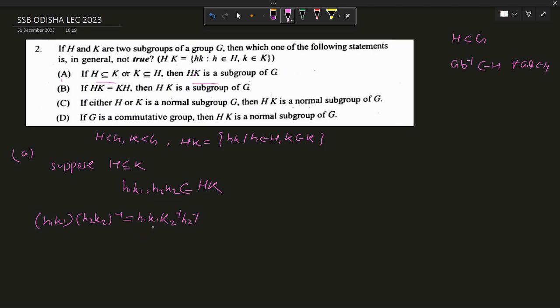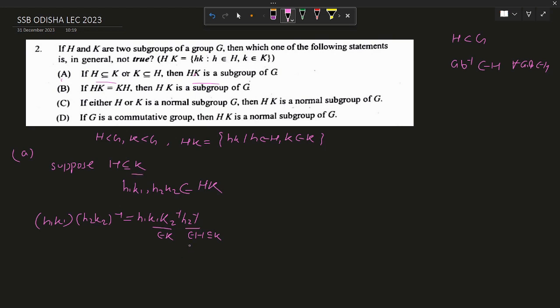So as you can see, since K is a subgroup of G and k1, k2 belong to K, so k1 into k2 inverse also belongs to K, and h2 belongs to H, so h2 inverse also belongs to H, because H is a subgroup of G and a subgroup satisfies the inverse property also, and H is the subset of K because I already taken here.